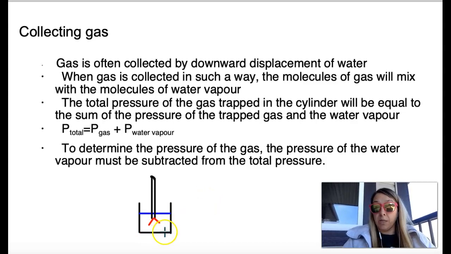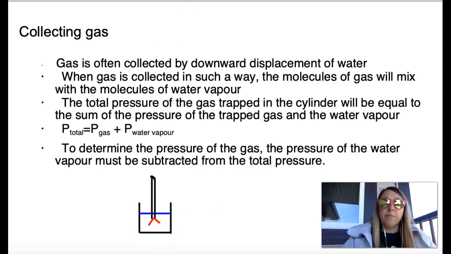Obviously you're not trying to light them, you're just trying to release the gas. You put that little lighter underneath your little funnel, push the button down, and you're going to see all these little bubbles start to form.